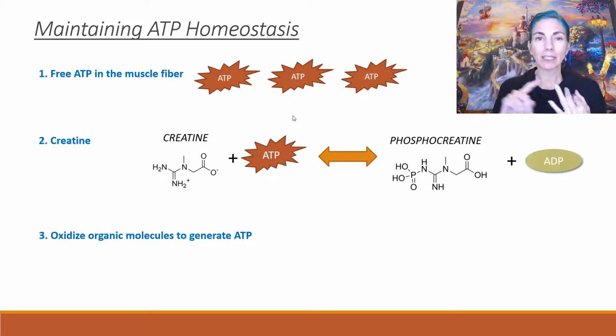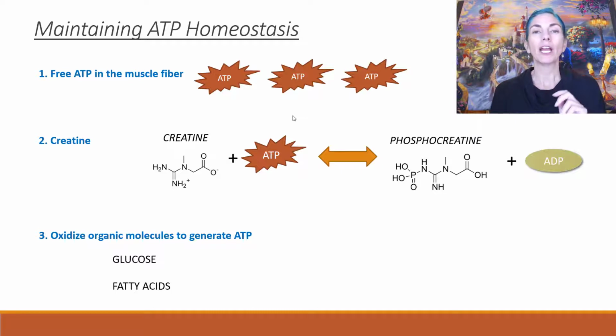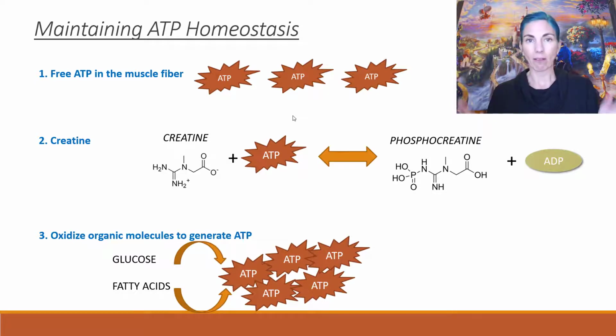Now I'm going to come back to this creatine idea in a moment, but I do want to briefly talk about the fact that most of your ATP is going to be generated by taking one or both of these fuel sources, glucose and or fatty acids, and oxidizing them, such as glycolysis and aerobic respiration, making a lot of ATP.